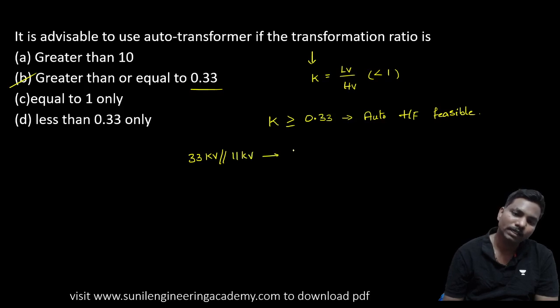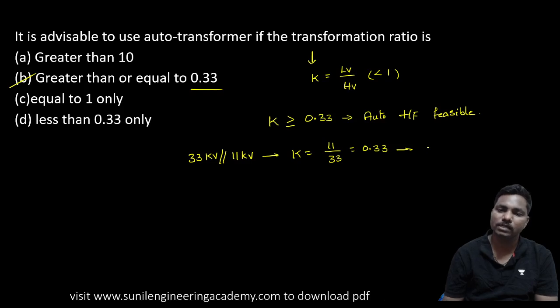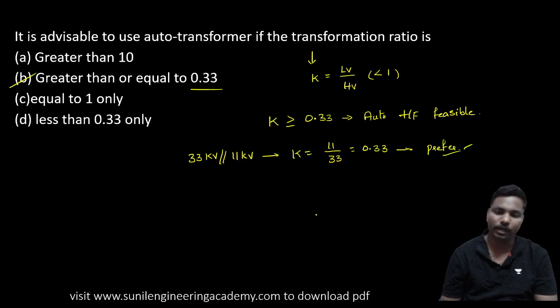In this case, what is K? LV by HV, 11 by 33, 1 by 3. That means 0.33, which is equal also, so auto transformer is feasible.